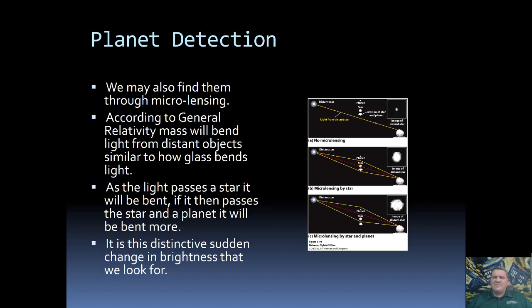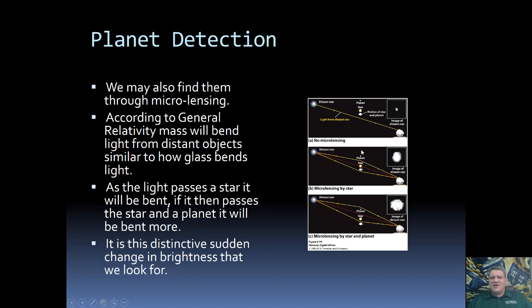So the idea of this method is that we are observing distant stars, and if we have another star cross between us and the distant star, what we'll refer to as the lensing star, then as the lensing star gets into alignment, the distant star's light will actually get focused onto the Earth, so the distant star becomes brighter because of the lensing of the lensing star.